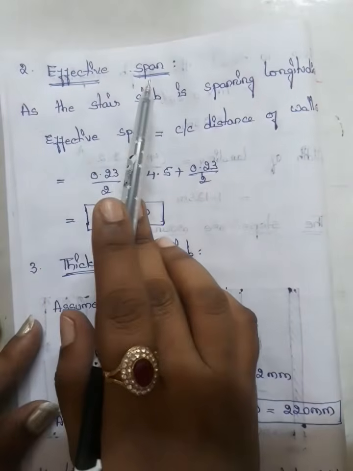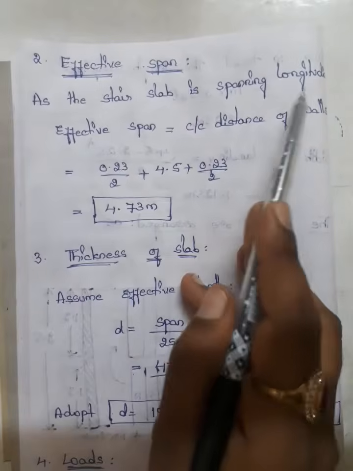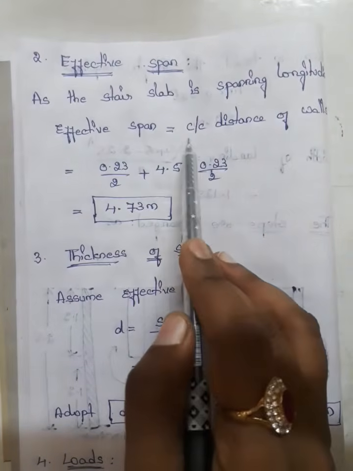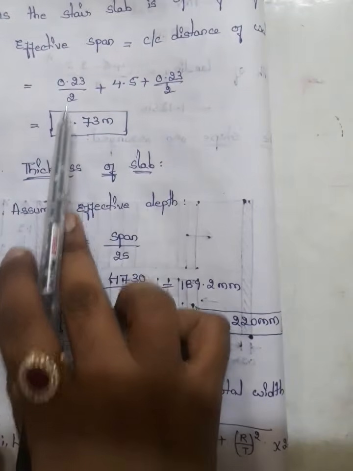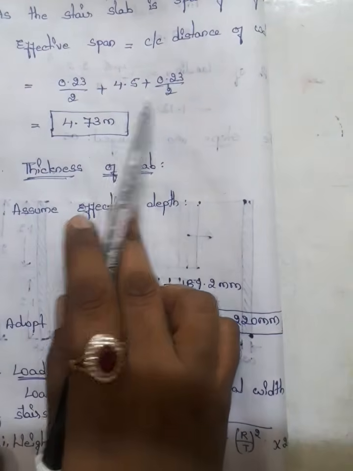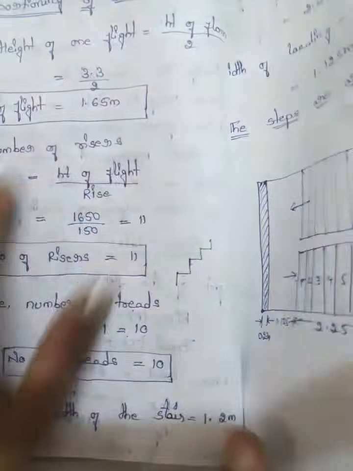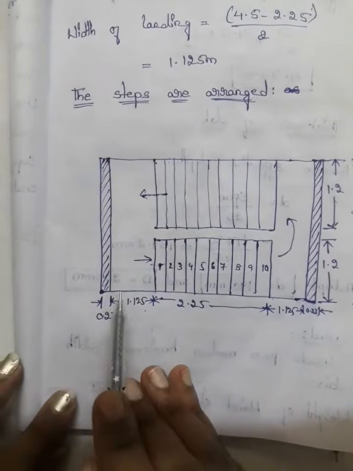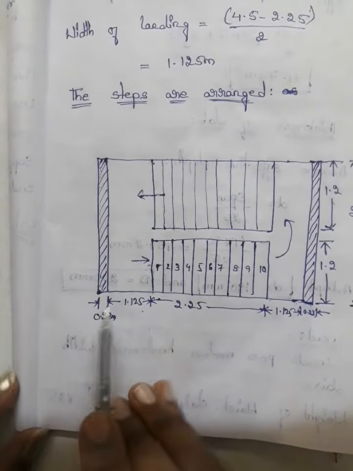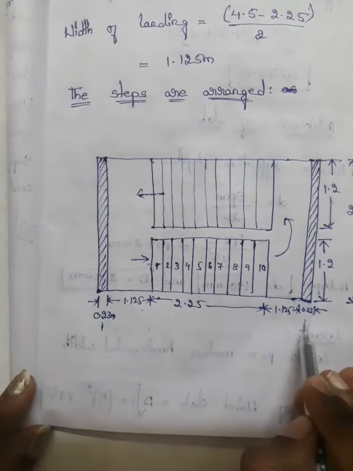So effective span. As the stair slab is spanning longitudinally, effective span is equal to the center distance of the walls. So that is 0.23 by 2 plus 4.5 plus 0.23 by 2. Let me explain that. This is 0.23, right? So 0.23 by 2, from this center to this side center.